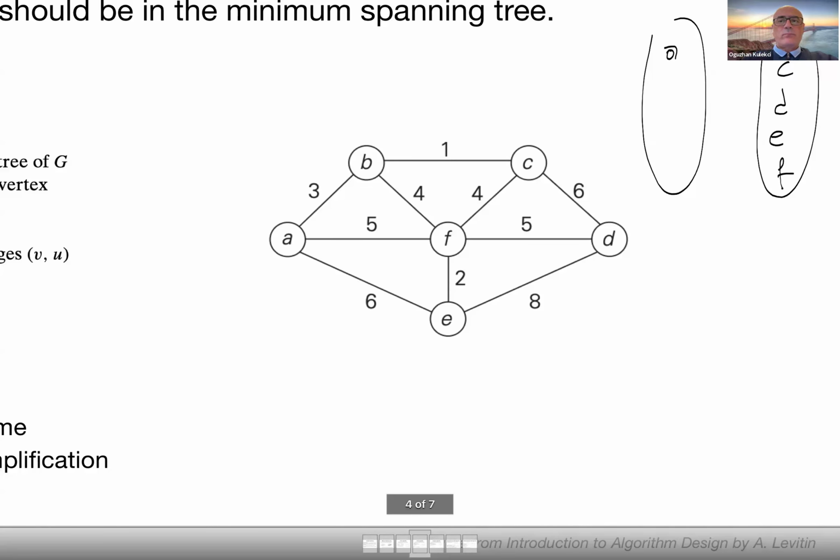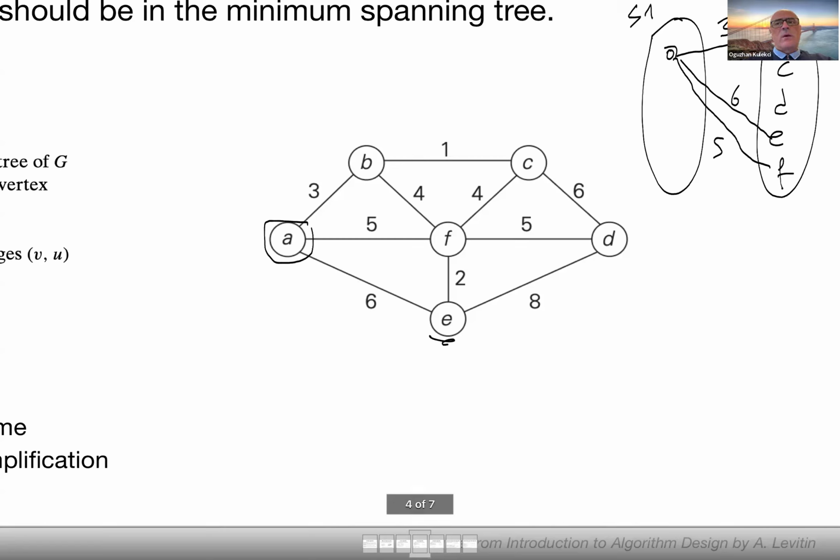Is there an edge between A and B? Yes, there is, and its cost is 3. And there is an edge from A to F, and its cost is 5, and there is an edge from A to E, and that is 6. These are the only bridging edges between my first set, set 1, and set 2.